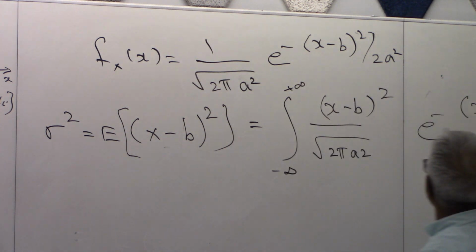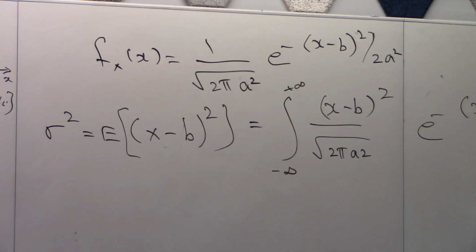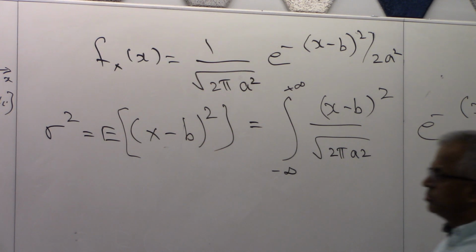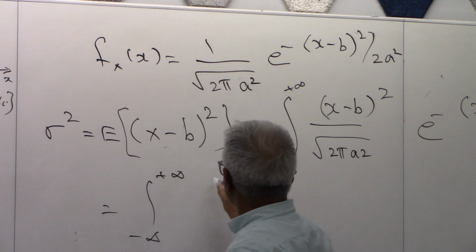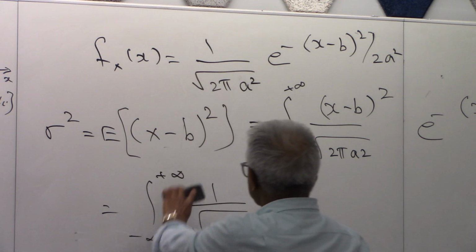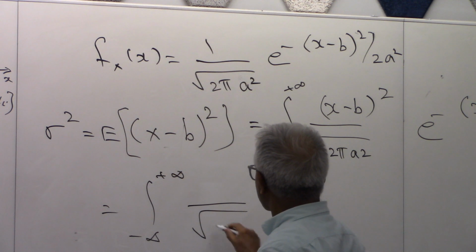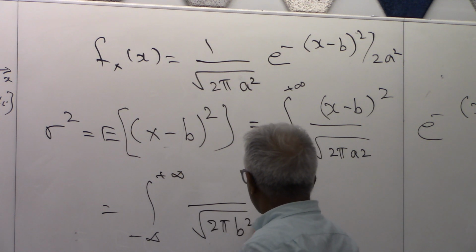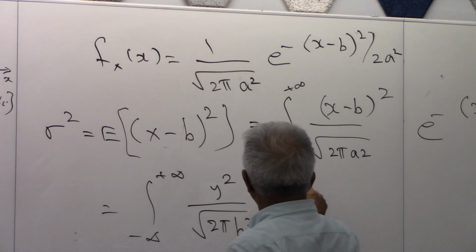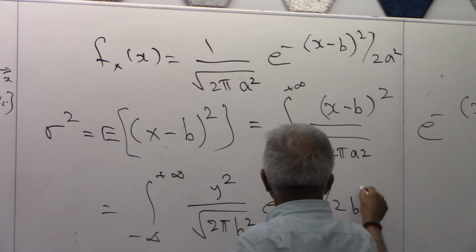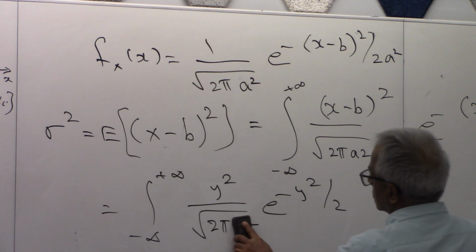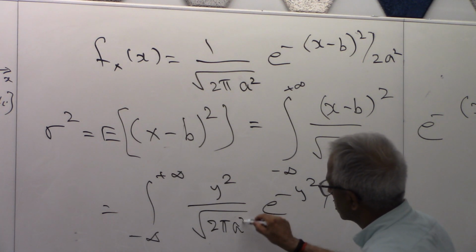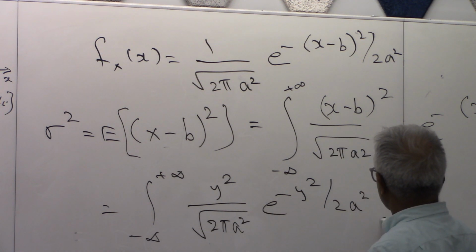First of all, let me make a simple substitution: y equal to x minus b. When x is minus infinity, y is minus infinity. Same thing with plus infinity. So this thing simply turns out to be an integral in y.